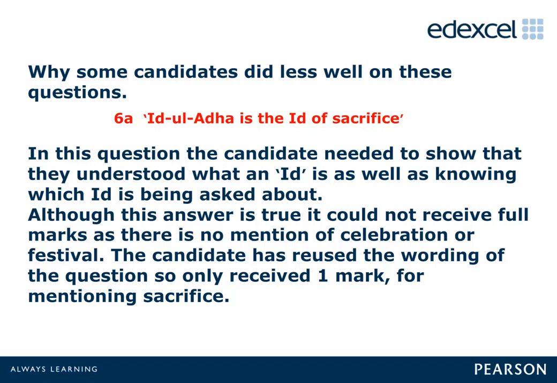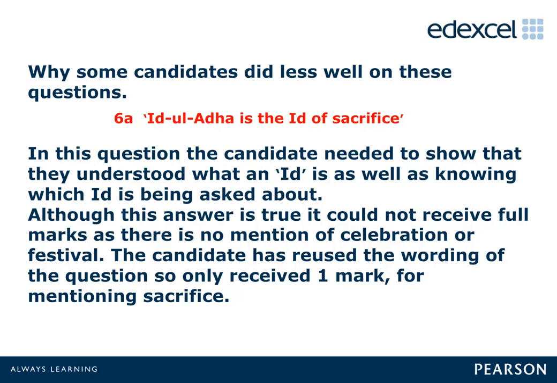Many candidates lost marks on A items because they failed to show that they really knew the correct definition. So the example here is of 6A, where the candidate has not really defined what Eid al-Adha is, but has reused the word Eid and not shown any understanding of celebration or festival.